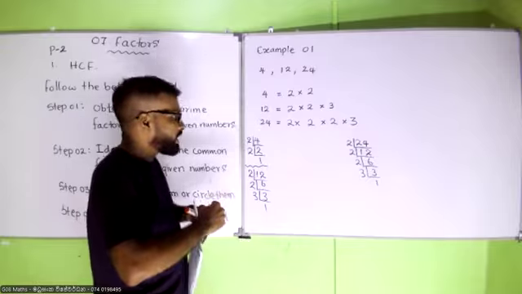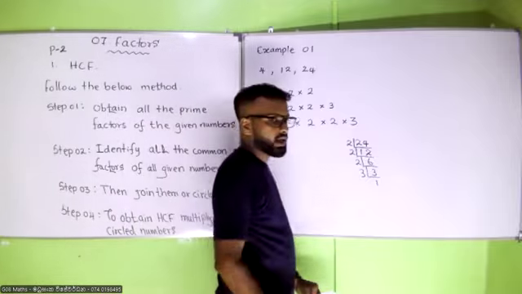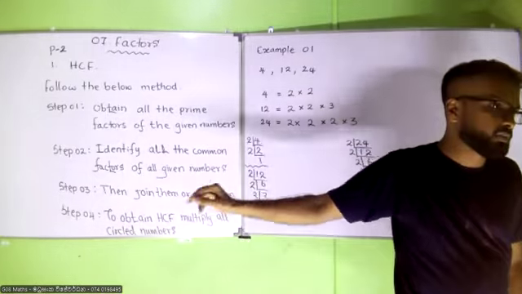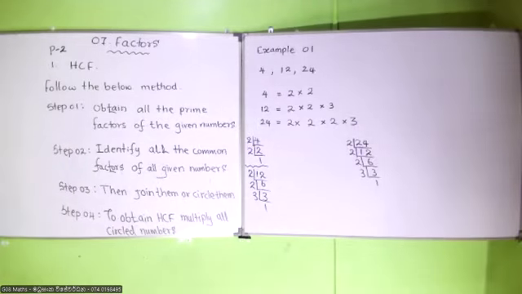Up to now, please write the method. Then I will explain the rest of the steps. No need to look at the board. Now use your memory to complete the rest.